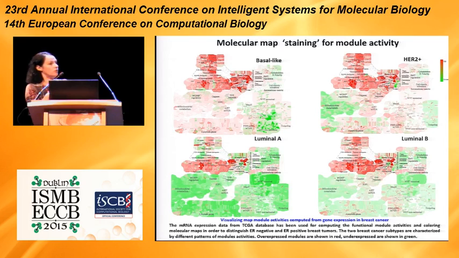So instead of visualizing individual values corresponding to each entity, here we visualize enrichment of functional modules. So here we used a transcriptome data from TCGA database for 4 types of breast cancer, and we calculated a module activity based on the expression data according to the involvement of different entities into functional modules of the maps.